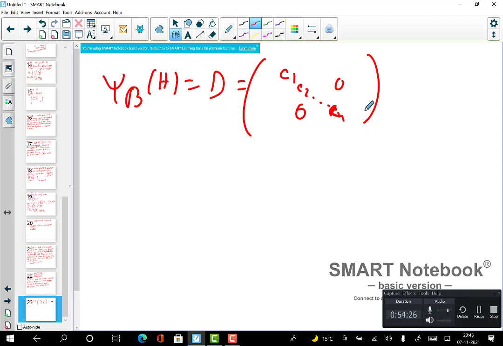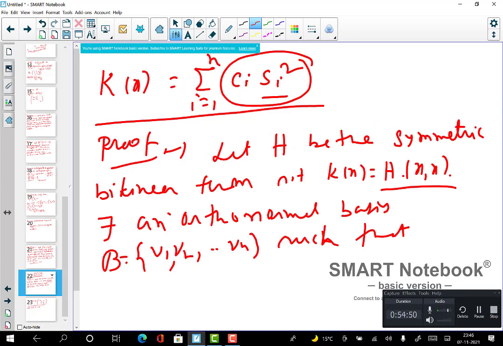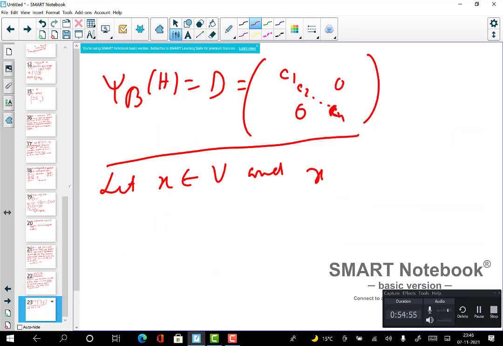Okay, so this is the matrix representation of H, the symmetric bilinear form, with respect to the basis B. Now you choose any vector X and write it in terms of the orthogonal basis vectors: X equals the summation Si Vi, i equal to 1 to n.